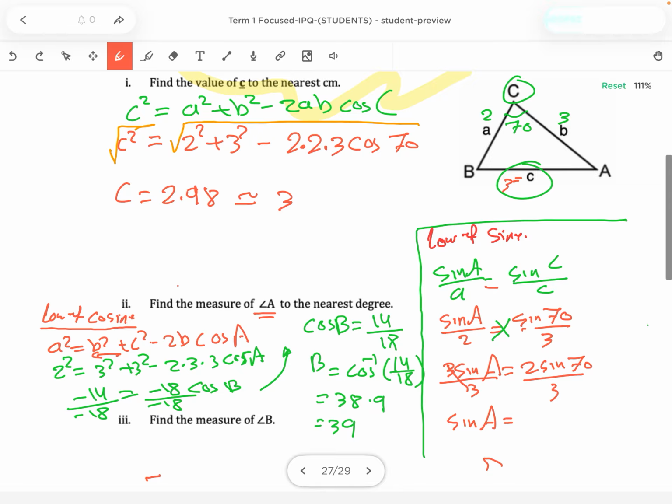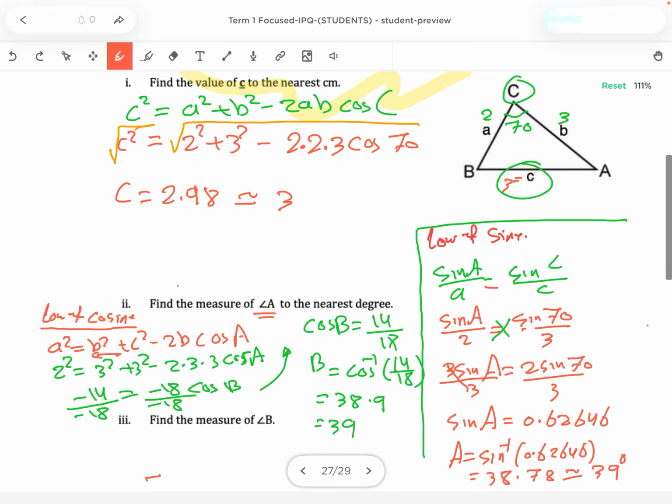So sin A equals 2 sin 70 over 3, which is 0.62646. So A will be sine inverse of the answer, which is the same answer, 38.78, so approximately 39 degrees as well.